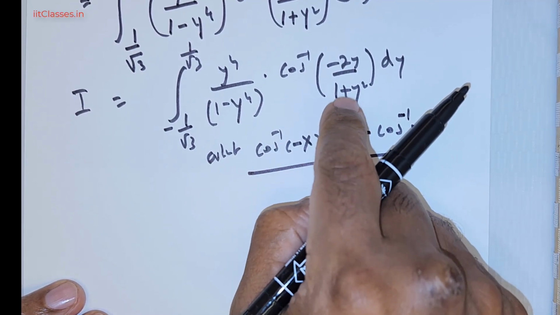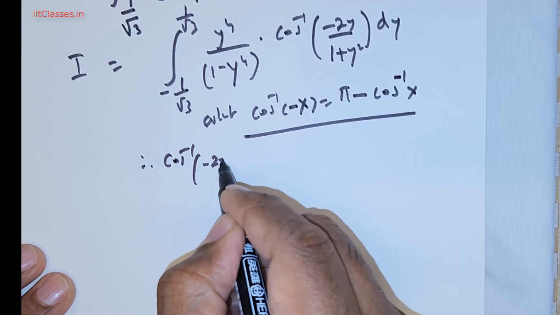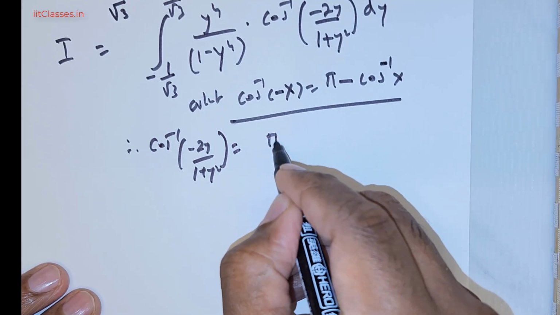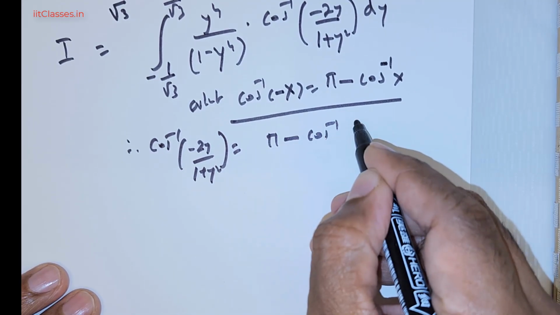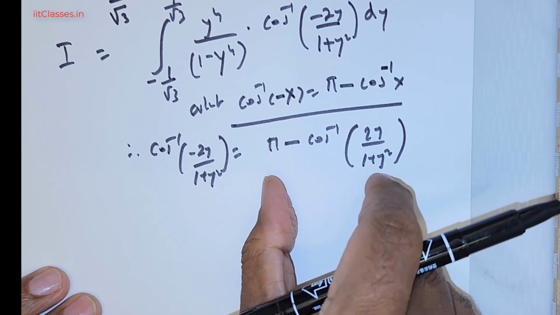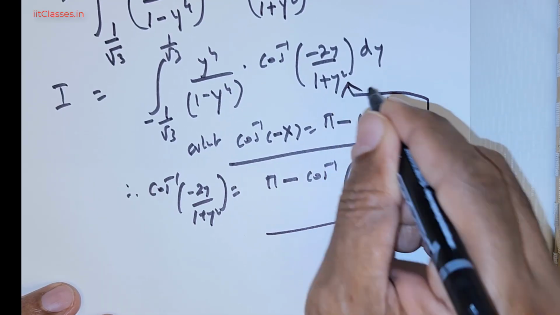So by this formula we can rewrite cos inverse of negative 2y divided by 1 plus y squared as pi minus cos inverse of 2y divided by 1 plus y squared. This is the all important transformation that you will have to apply.